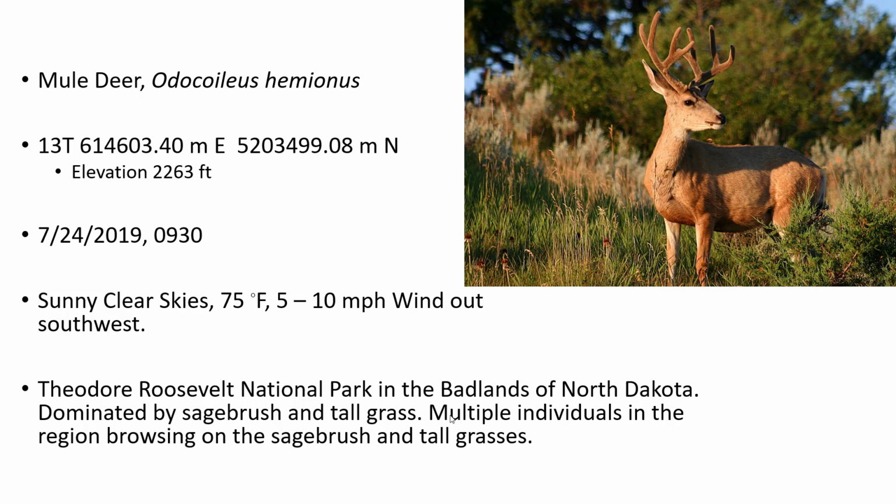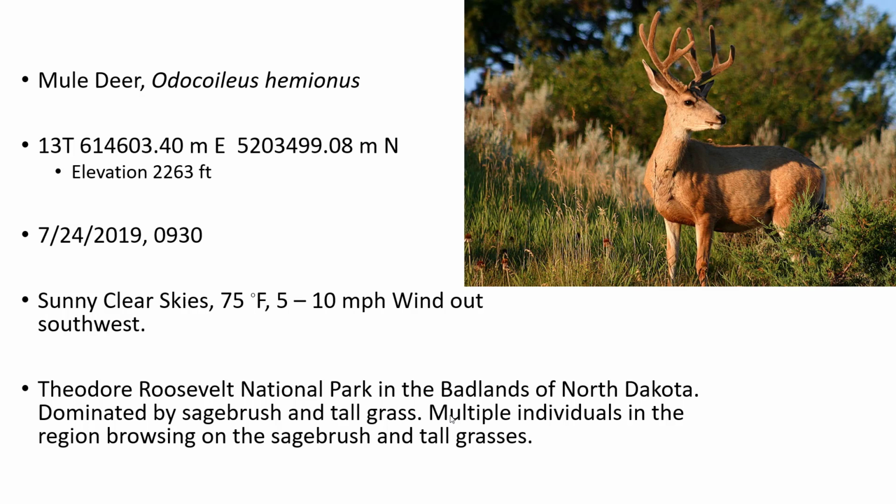Okay. And the dominant feature there is sagebrush and tall grass prairie. And then I added a note. There are multiple individuals in this region browsing on sagebrush and tall grasses. So it's in the region for feeding purposes, okay? And that's all there is to it. Okay. Then I'd go to the next one.